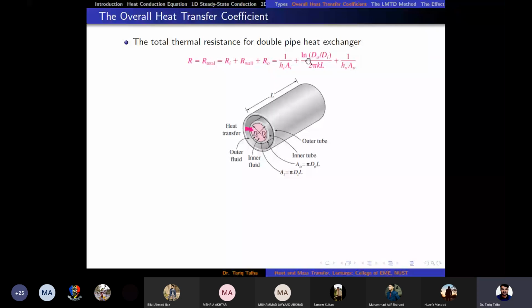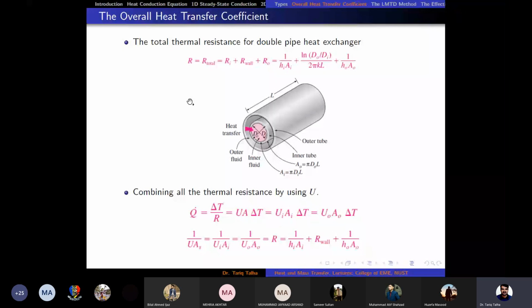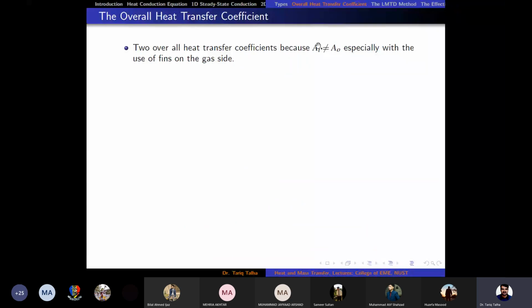And if we want to calculate U, we know that our total resistance is equal to 1 upon UA. Now, because the area depends upon the diameter, usually A inner is not equal to A outer, and if we have fins as well on the outer surface or the inner surface on the gas side.